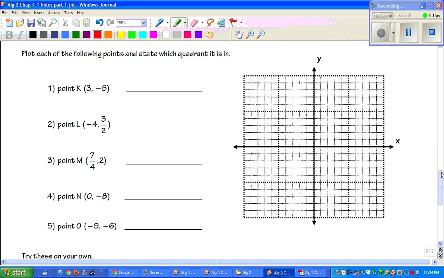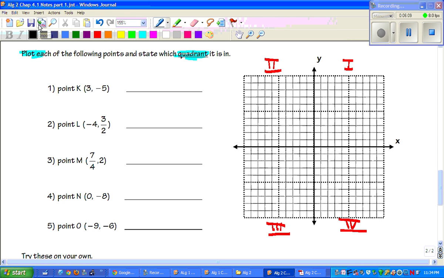So now what this is telling us is that we need to plot each of the points and then say what quadrant it is in. So just remember, I'm going to write the quadrants up here. And now let's go through this.